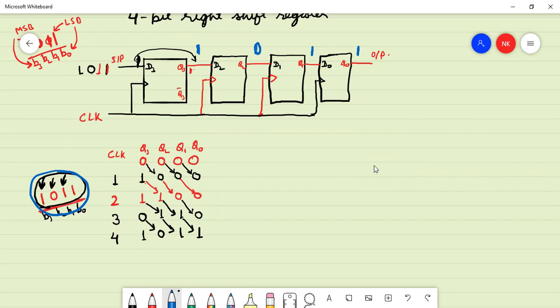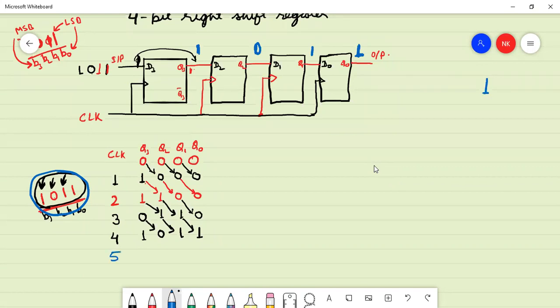Now we have to get the output in serial form. So when we apply the next clock pulse, in the current clock pulse we already have the first data bit at the output. Okay, now when we apply the next clock pulse, what will happen?